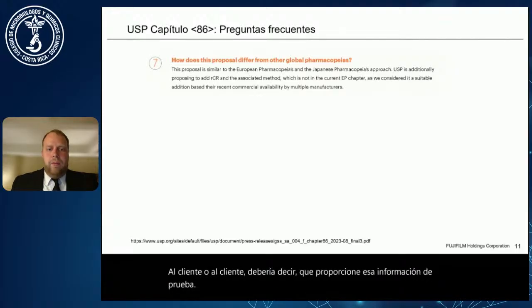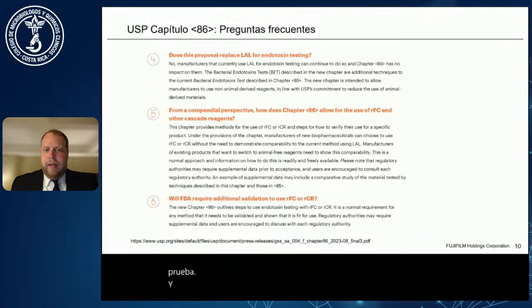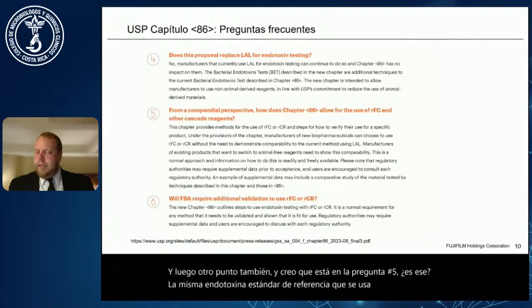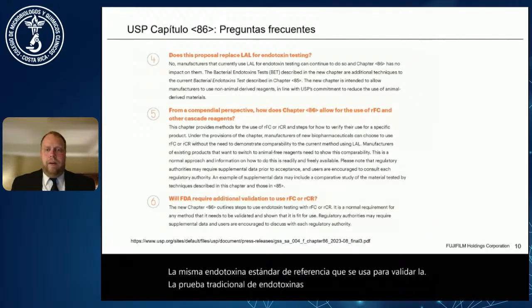And then one other item as well, and I believe it's in question number 5, is that the same reference standard endotoxin that is used to validate the traditional bacterial endotoxin test is also applicable for USP 86, these recombinant reagents.